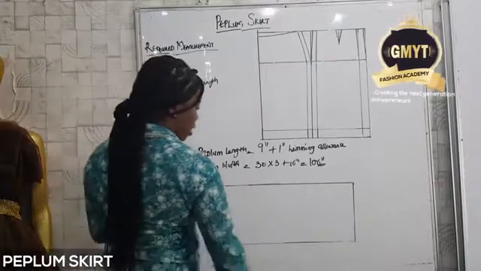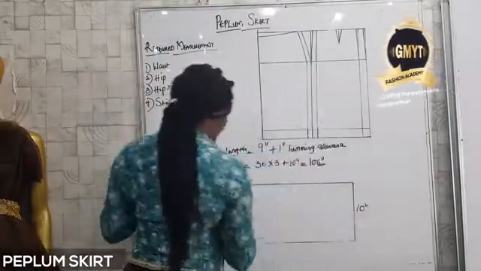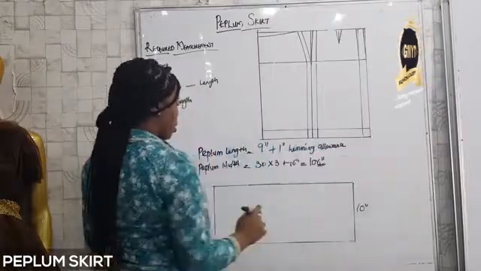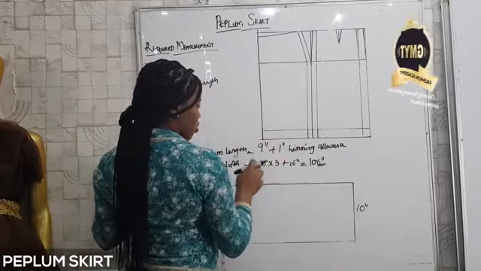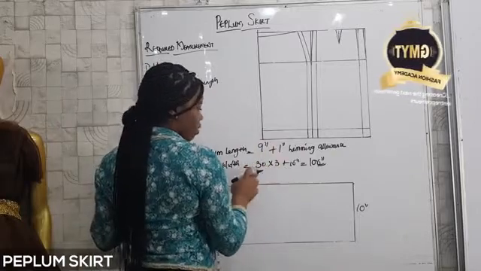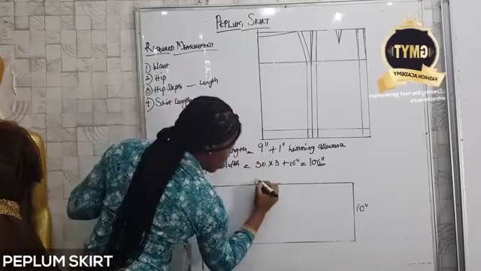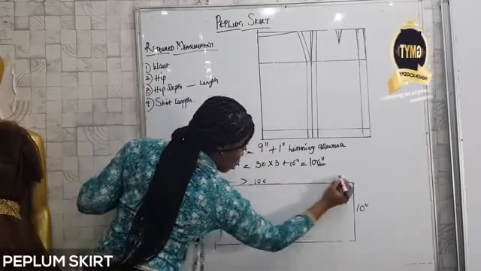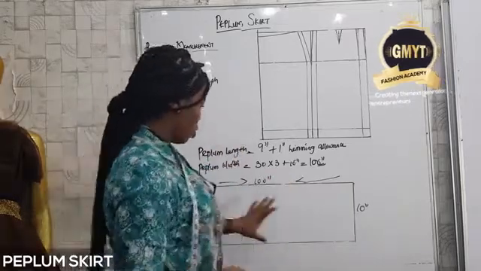This serves as the length of the peplum, which is 10 inches, that's 9 plus 1. And then the width will be long. That's your waist times 3 plus 10 inches. If my waist is 30, that's 90 plus 10, which will be 100. So from here to here should be 100 inches. This is how we achieve our peplum.